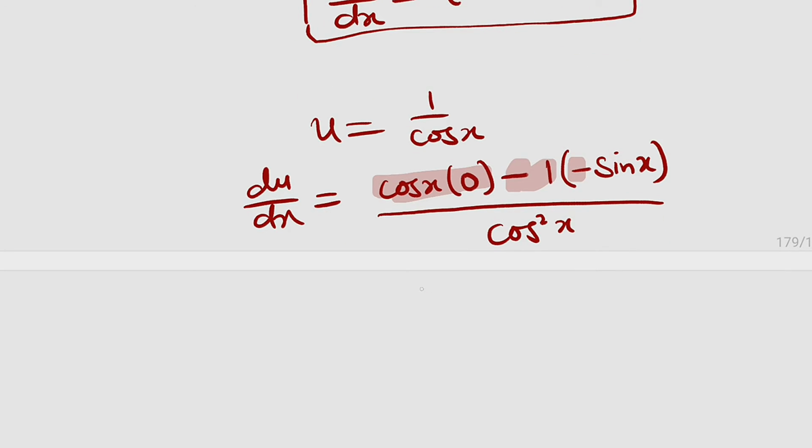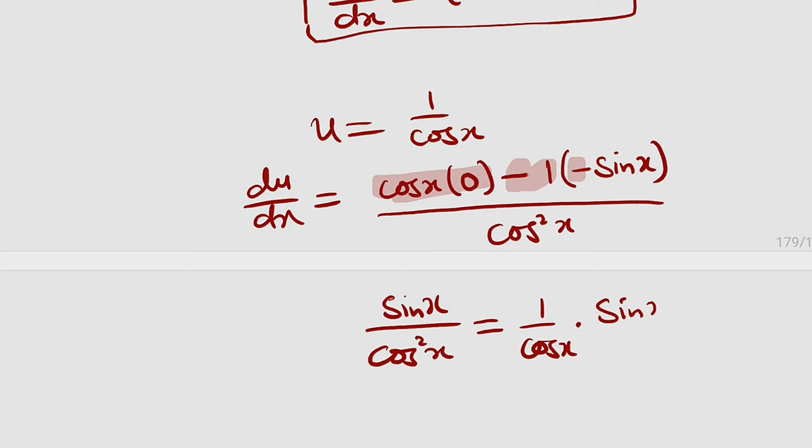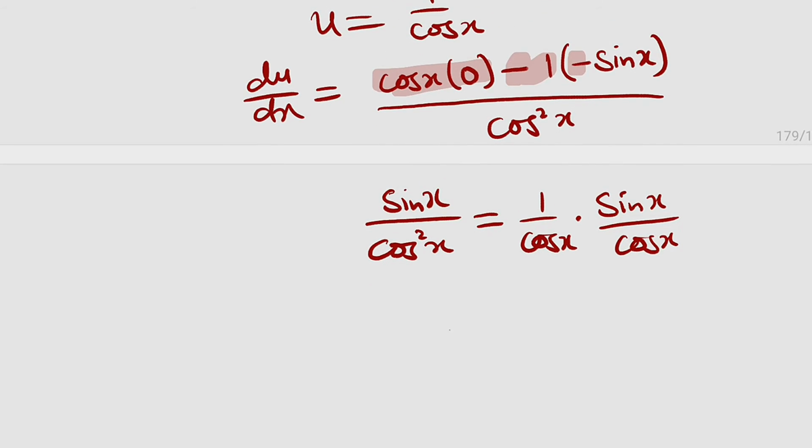So what we have is sine x divided by cosine squared x, which we can write as 1 over cosine x multiplied by sine x divided by cosine x. The first one is the same thing as secant x. The second one is tan x, right?